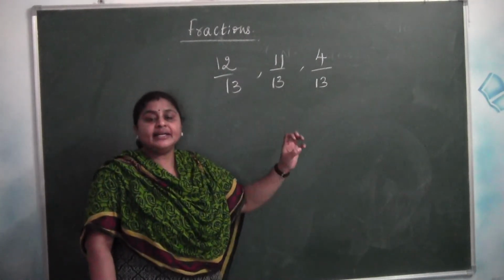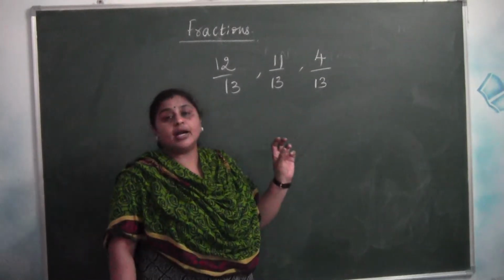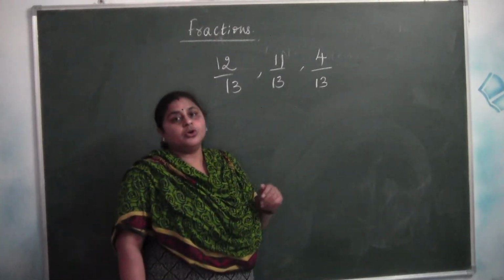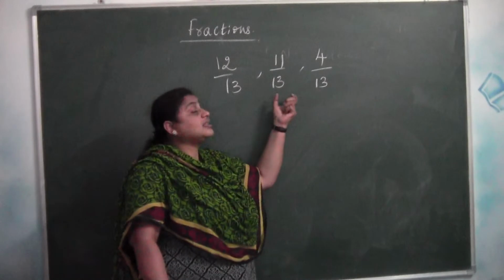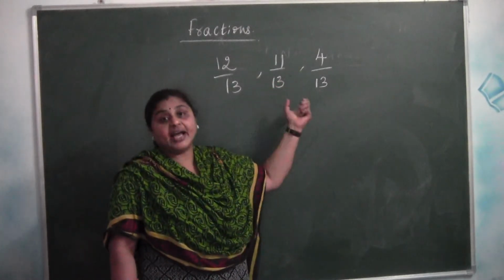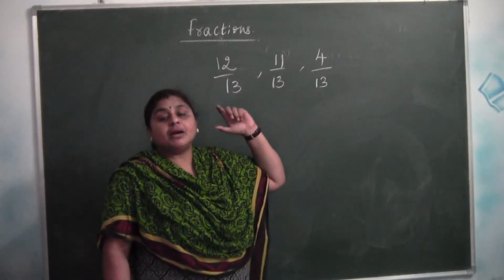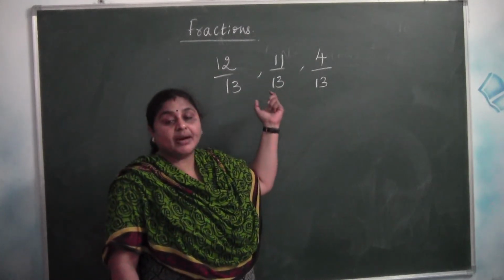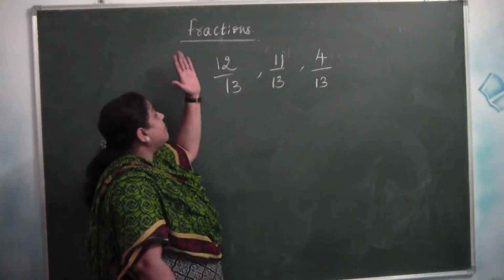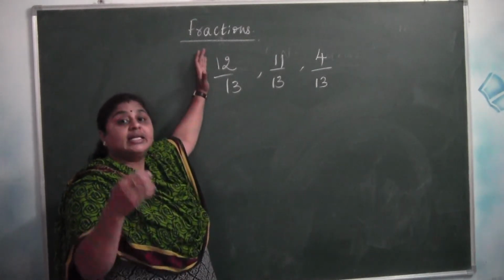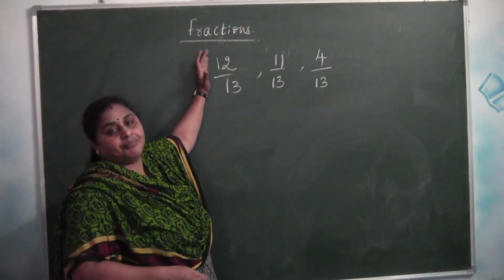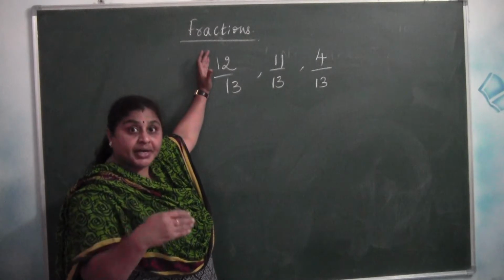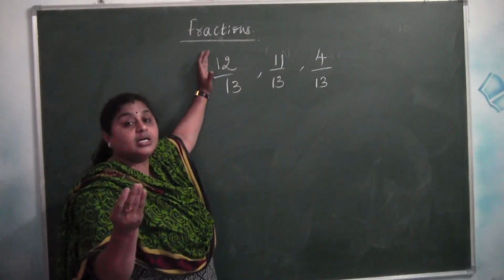So when denominators are the same, they are called like fractions. When the denominators are the same for the given fractions, you are going to compare the numerators. The more the numerator, the greater the fraction.